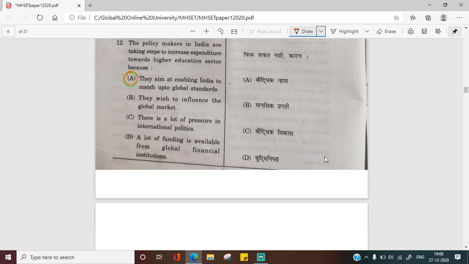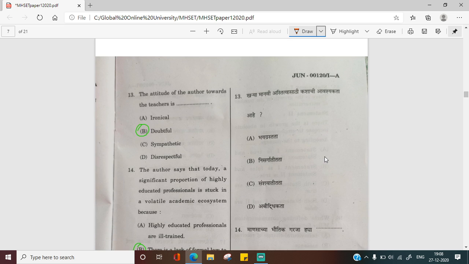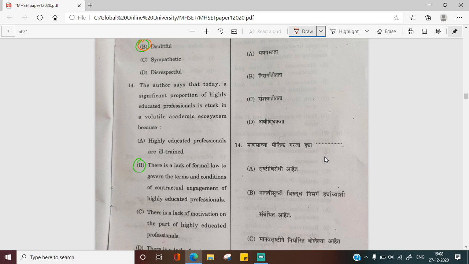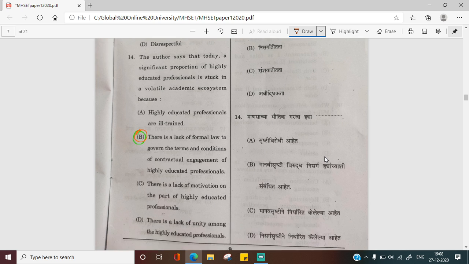So the right answer is option A. For question 13, the attitude of author towards the teacher is doubtful.